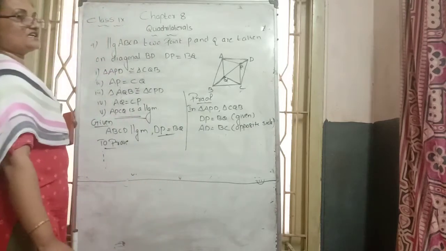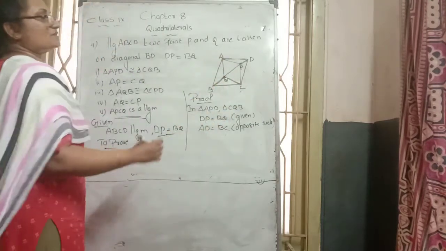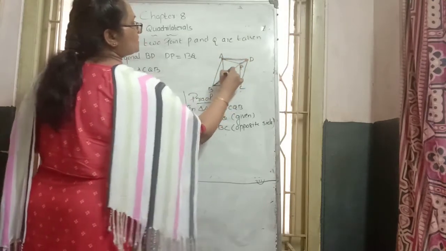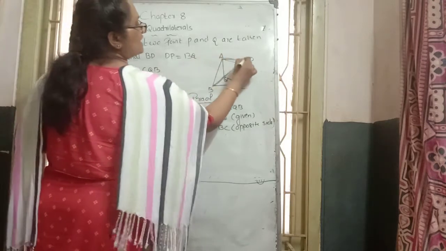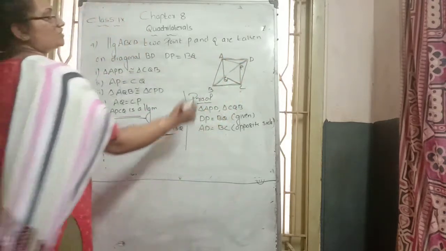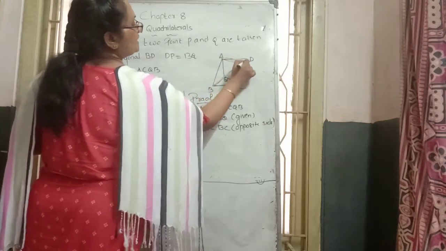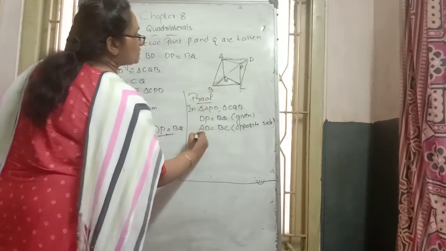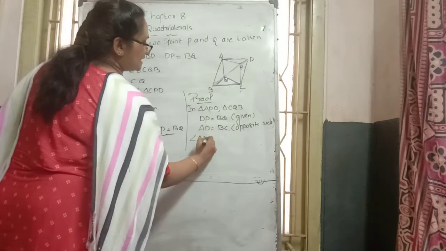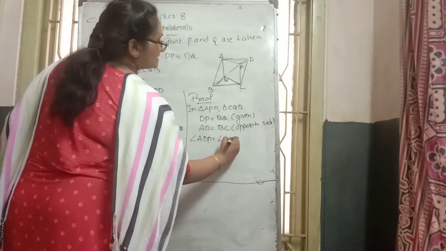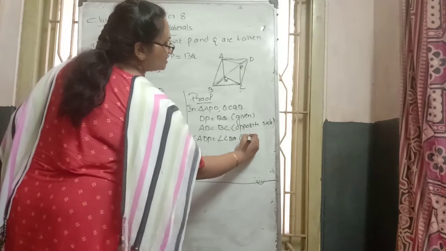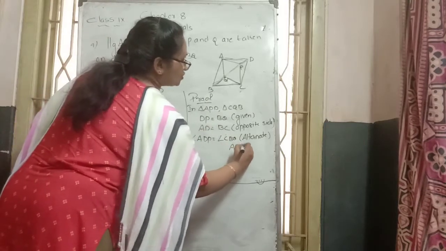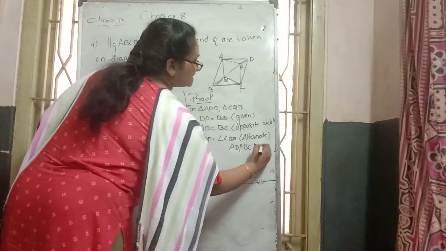Third condition: AD and BC are parallel sides cut by a transversal line, BD, which is the transversal. Then they make an alternate interior angle, a Z shape. So angle ADP is equal to angle CBQ, alternate interior angles, since AD is parallel to BC and BD is the transversal.